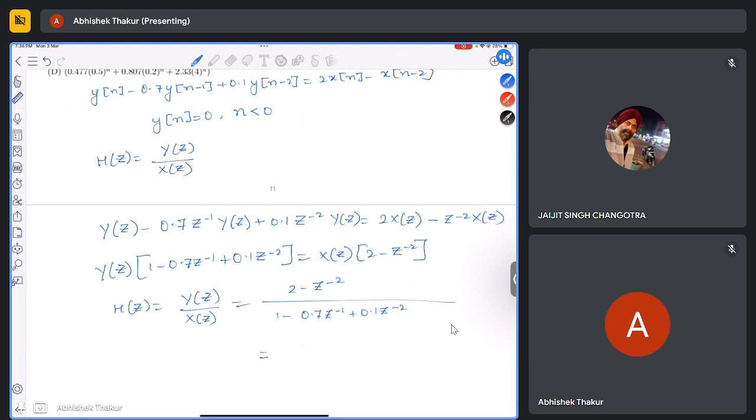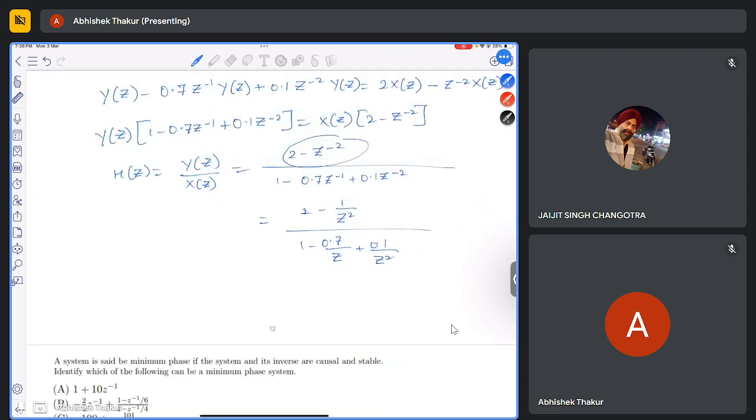Now we can write this as 2 minus 1 by z square divided by 1 minus 0.7 by z plus 0.1 by z square. Now multiply z square on numerator and denominator, and we will get 2z square minus 1 divided by z square minus 0.7z plus 0.1.